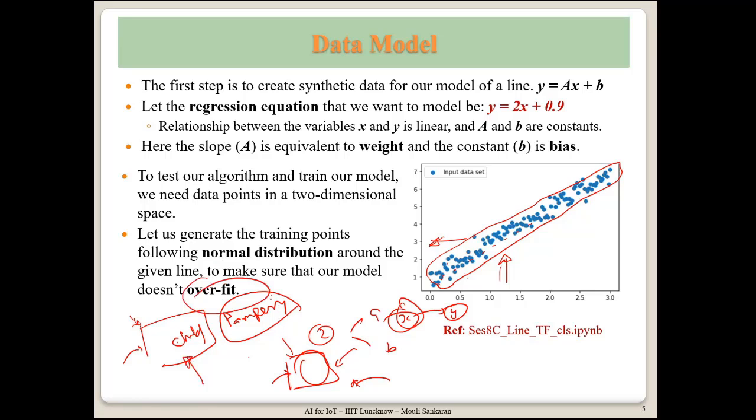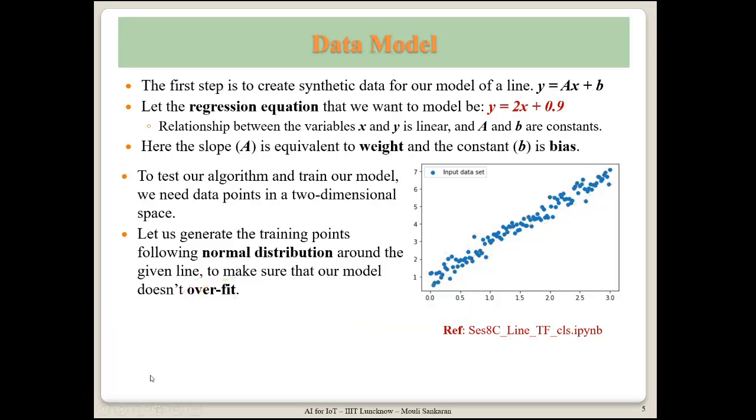Similarly, overfitting the model, if you give the actual input exactly what is expected for a line. I'll explain what I mean by overfitting. So we are going to add a little bit of noise to the input while training the model.